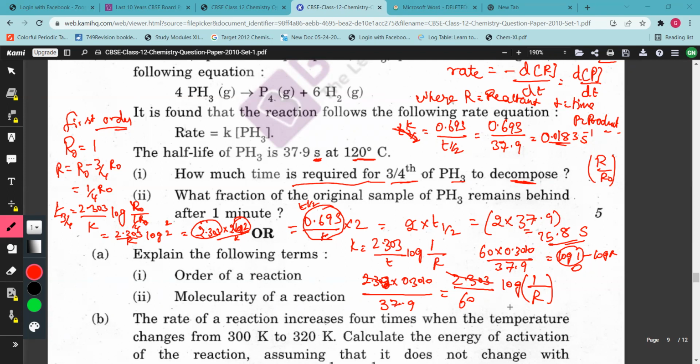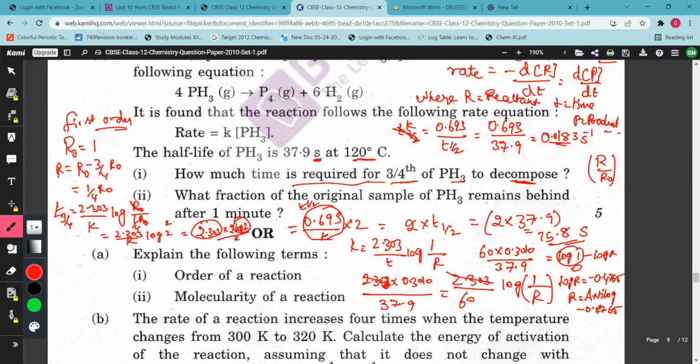Are you all getting? So minus log R is 0.4765, which means log R is minus 0.4765. So R is the anti-log of minus 0.4765.